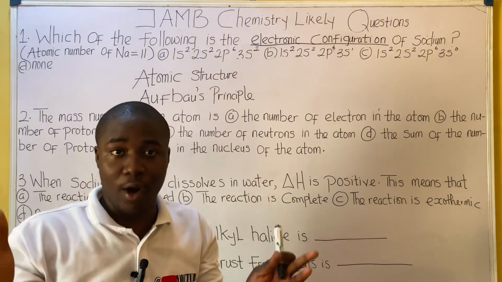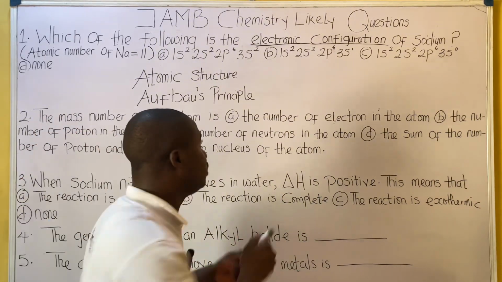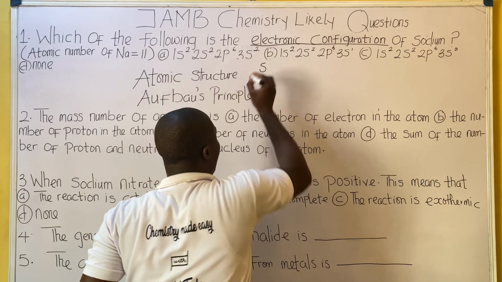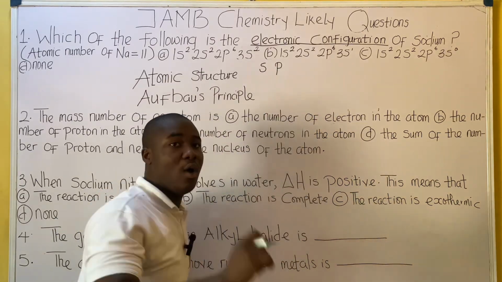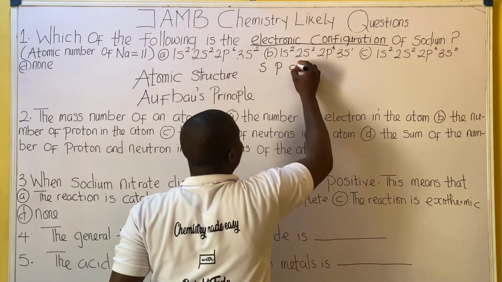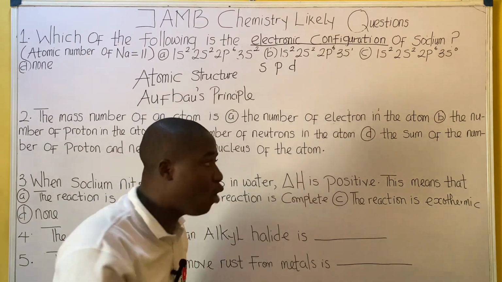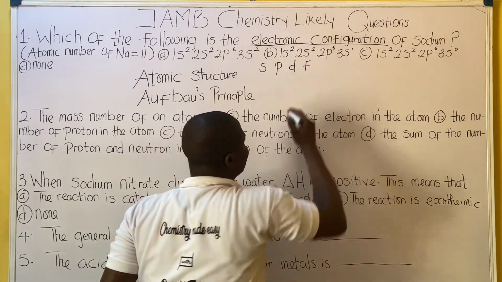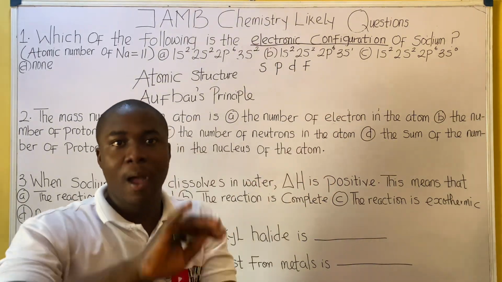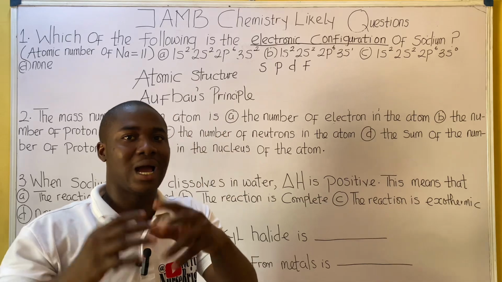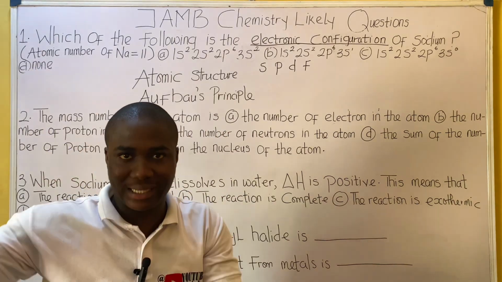We have different orbitals which include the s orbital, the p orbital, the d orbital, and also the f orbitals. We have other orbitals like the g and h orbitals, but I'm not talking about that because those orbitals are used for more complex elements.